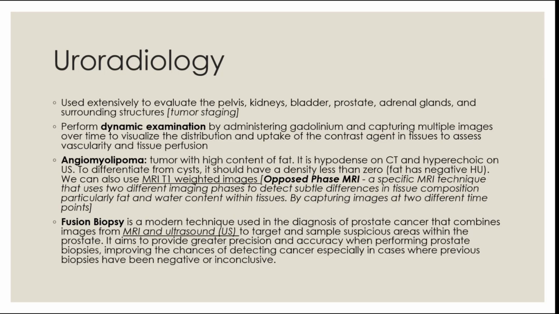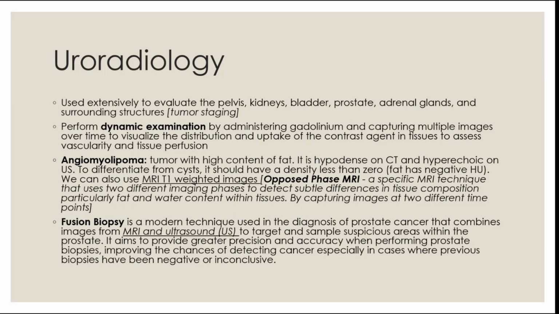So you have a special tumor, angiomyolipoma, which is a tumor that has high fat content. I think maybe you remember it from pathology. This tumor is sometimes problematic to see on CT and ultrasound. And in MRI, there is the opposed phase MRI, which was mentioned in your lecture.